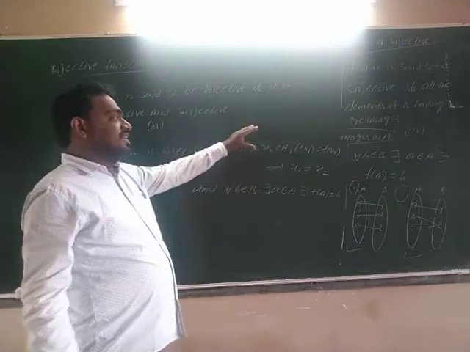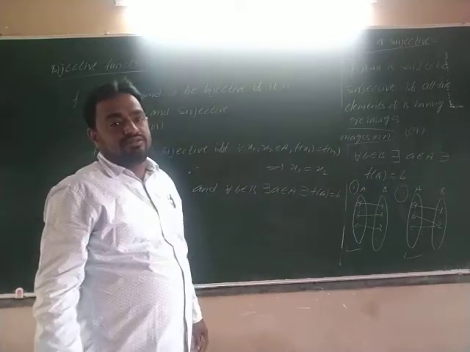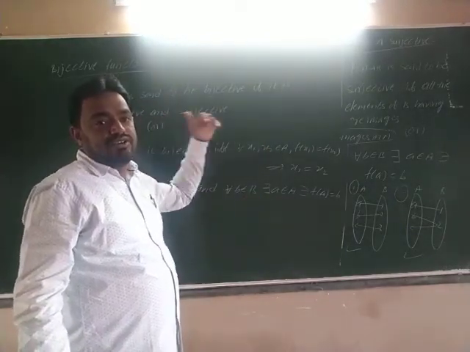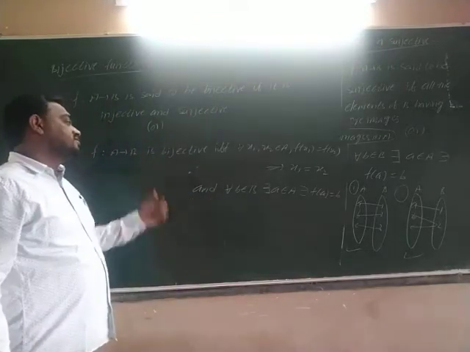That means it is satisfying one-one and onto. Then it is called bijective function. Understood? This is the definition of bijective function.